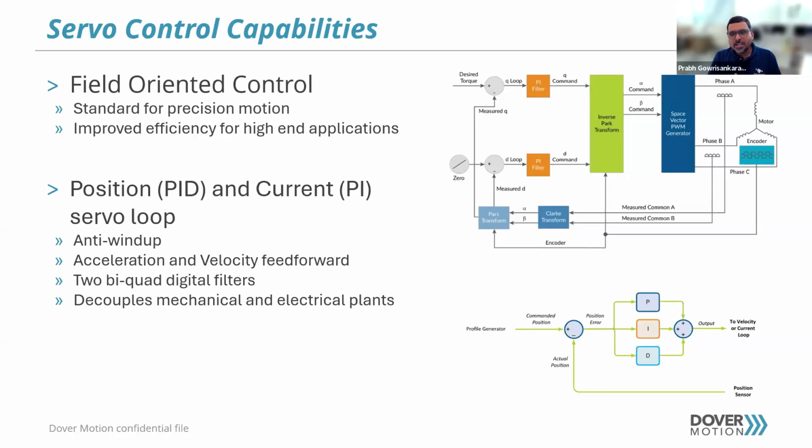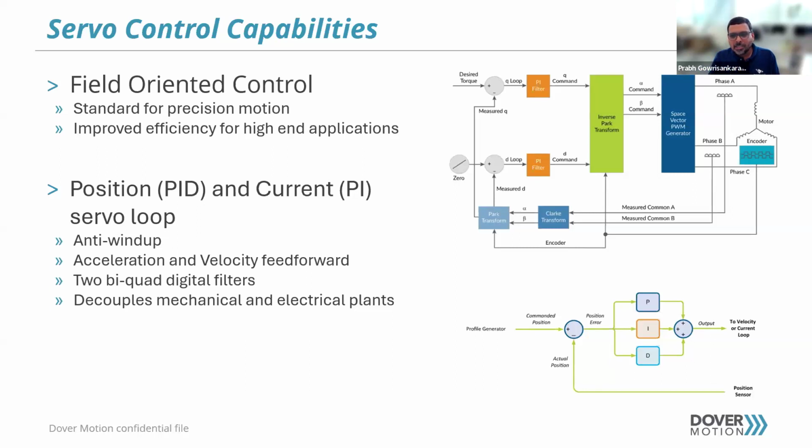It's pretty standard now, but as you can see in the block diagram on the right, there's a lot of compute that has to happen, right? So you have the Clarke and Park transforms, the inverse Park transform. And just implementing this FOC algorithm natively inside the chip is a big benefit for Dover and Dig. So it got them a building block that already has things that they were looking for.